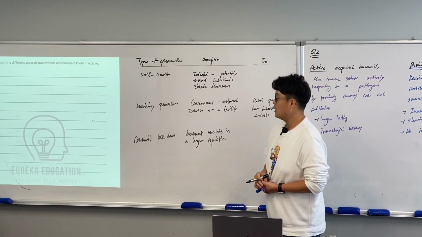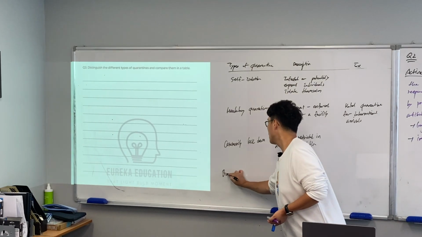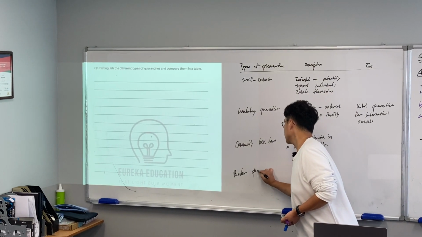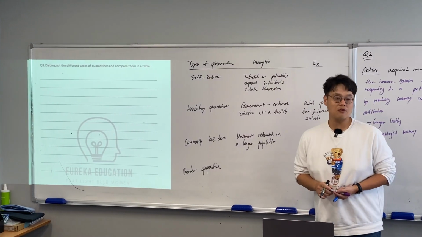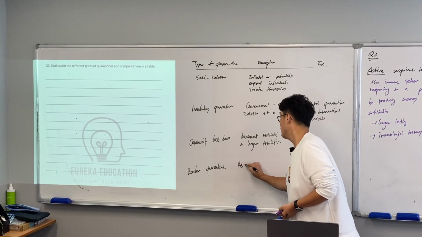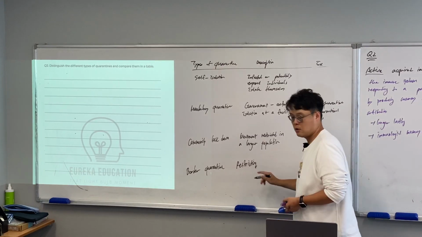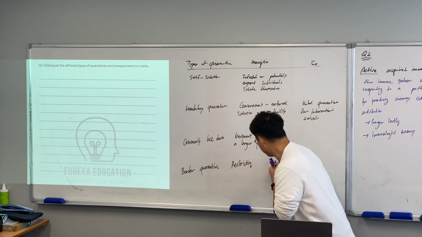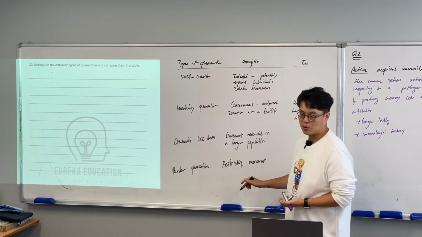Okay, and then this is the extreme level, the border quarantine. You just shut down the border or restrict movement across the borders.